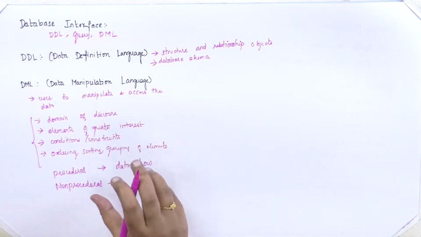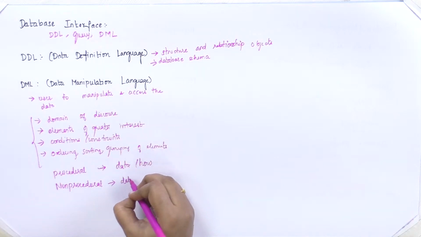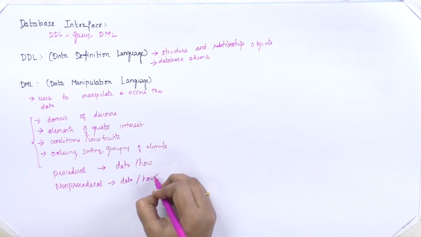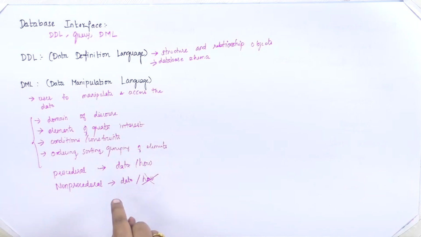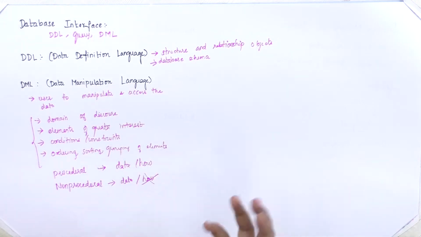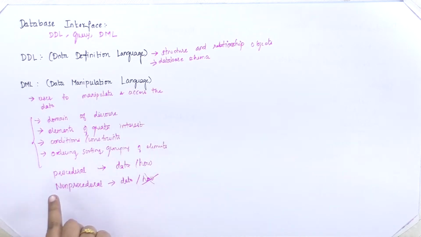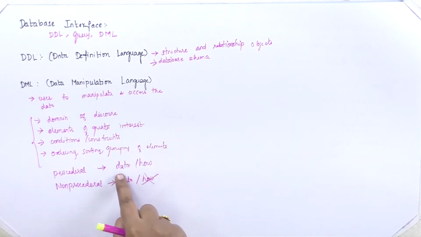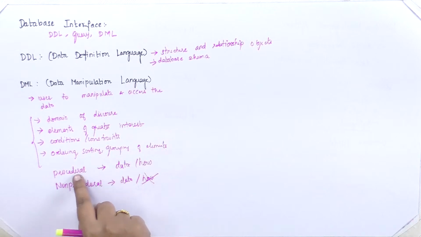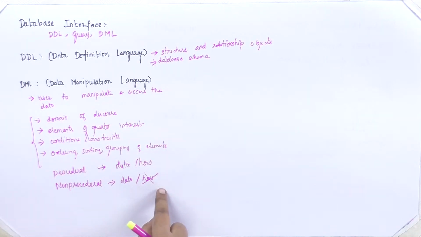If the user is giving only the data and not how the data has to be retrieved, then the user is giving only one piece of information to get the result from the database, and that DML language is non-procedural. If two pieces of information are given, the query is a procedural DML. If only one is given, the query is a non-procedural DML query.